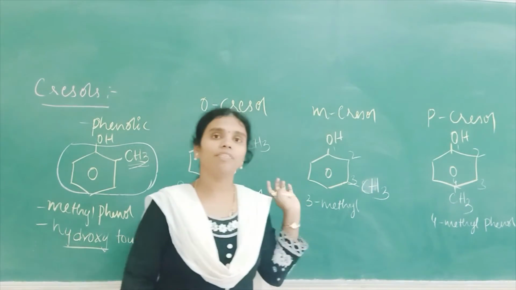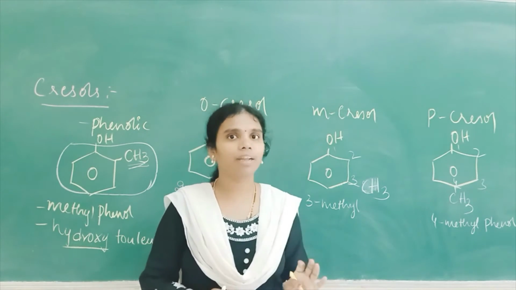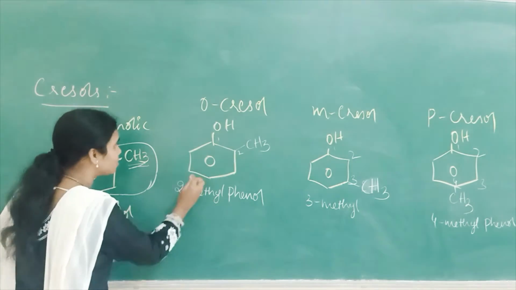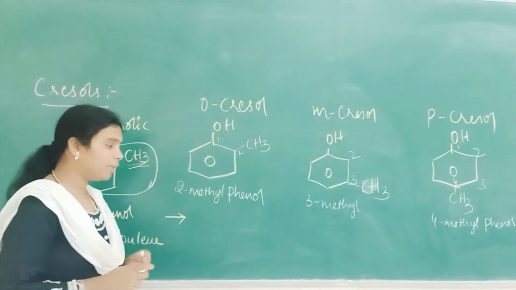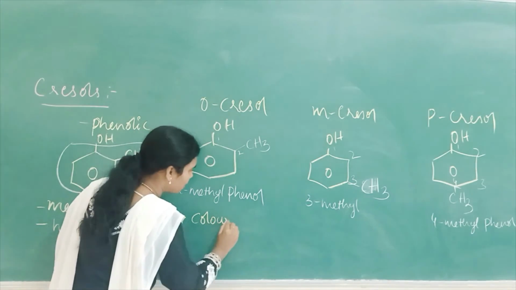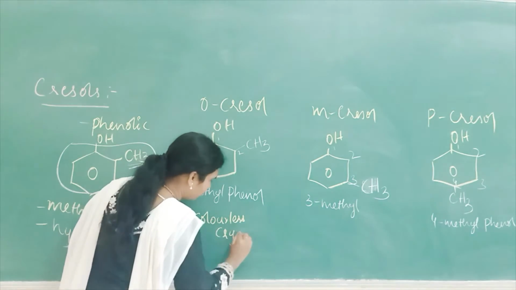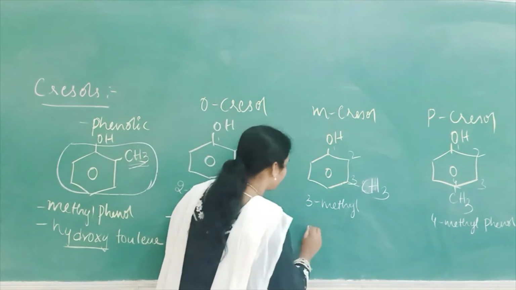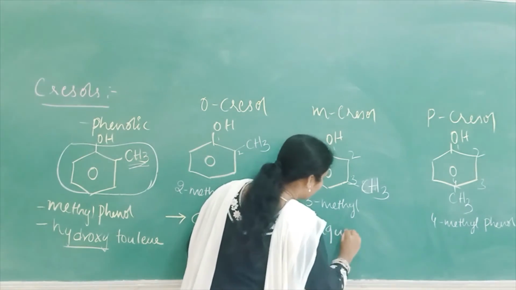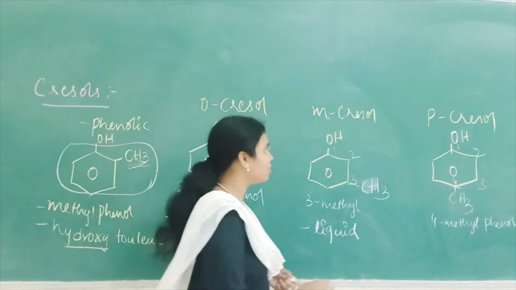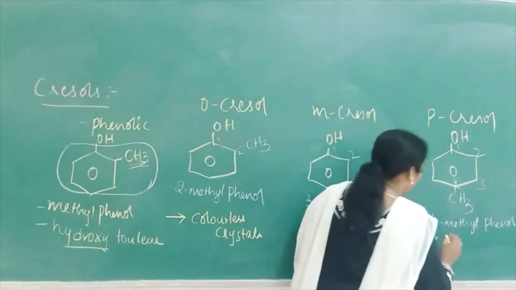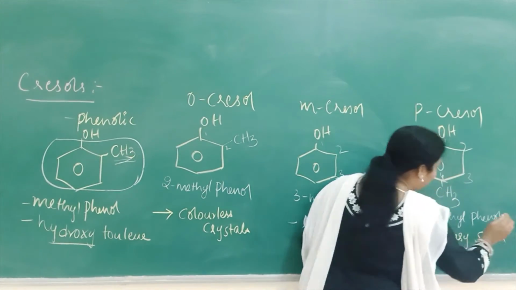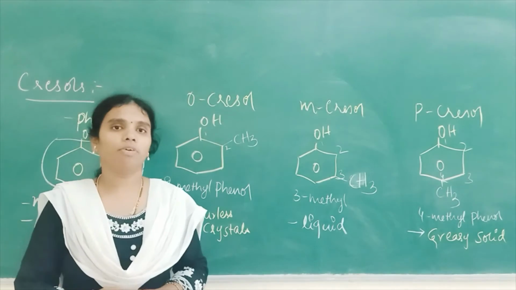Though they are isomers and look similar structure-wise, in appearance orthocresol appears as colorless crystals, metacresol appears as a thick oily liquid, and paracresol appears as a greasy solid. So based on appearance also you can identify these compounds.